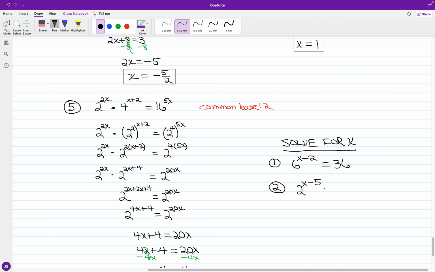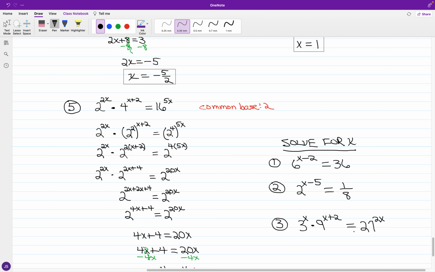And we'll say we have 2 to the x minus 5 is equal to 1/8. And we'll say that we have 3 to the x times 9 to the x plus 2 is equal to 27 to the 2x.